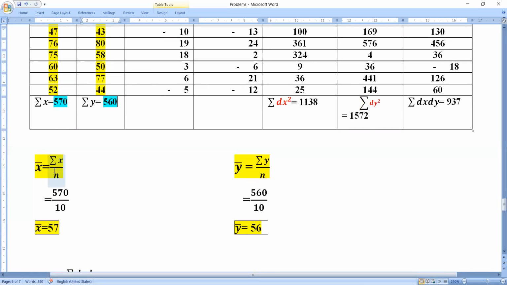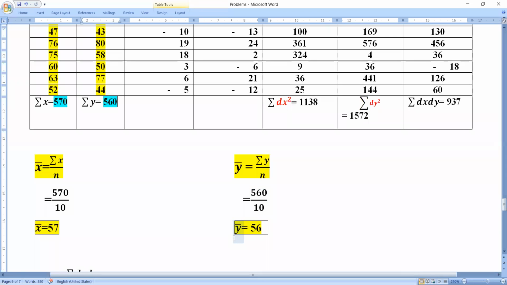When we calculate the mean, X bar equals sigma X divided by N. Sigma X is 570, and the number of values is 10. So X bar equals 57. And sigma Y is 560 divided by the number of values, 10.